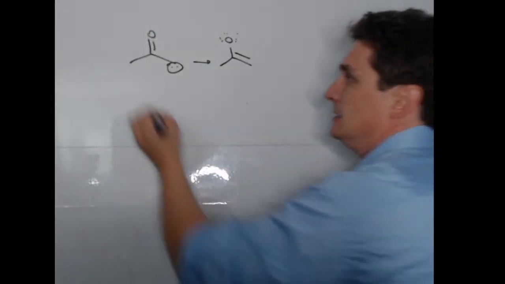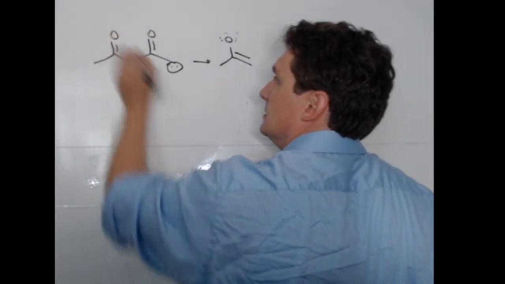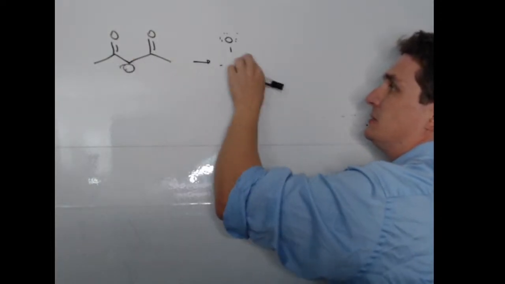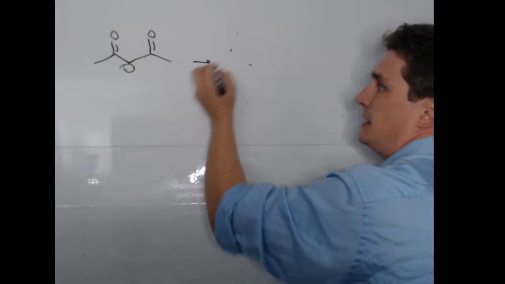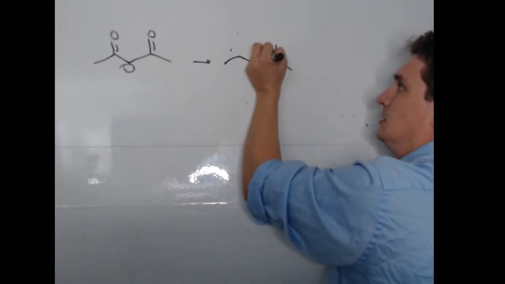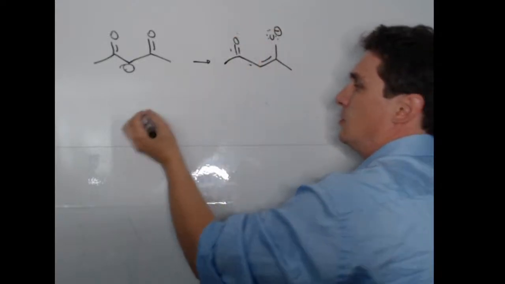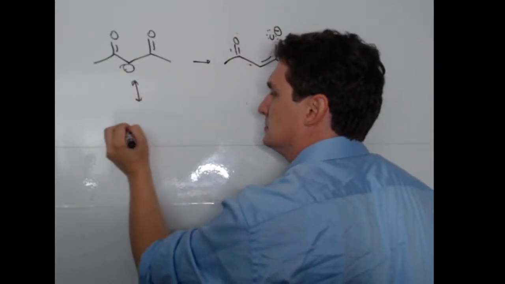Now, if we add another group here, this ends up becoming more acidic by sheer merit of the fact that it's got 2 resonance options. So it can either resonate with the one on the right, or it can resonate with the one on the left.